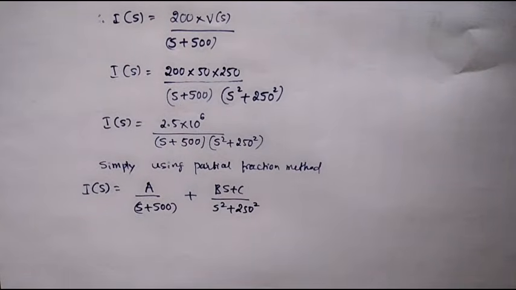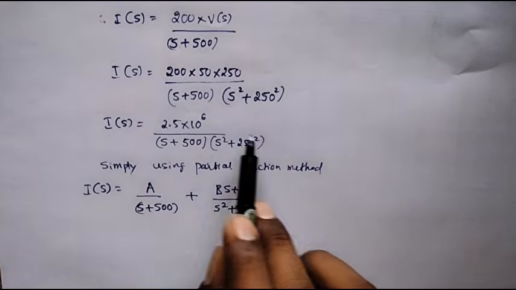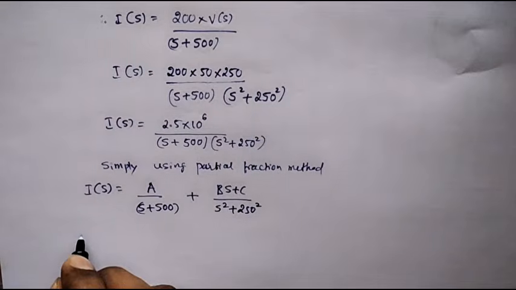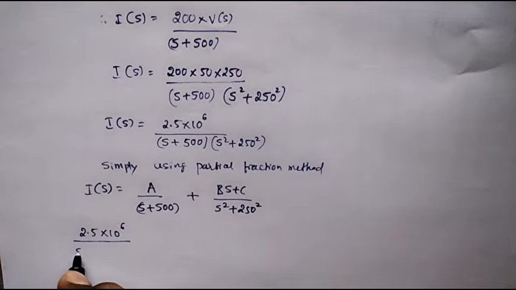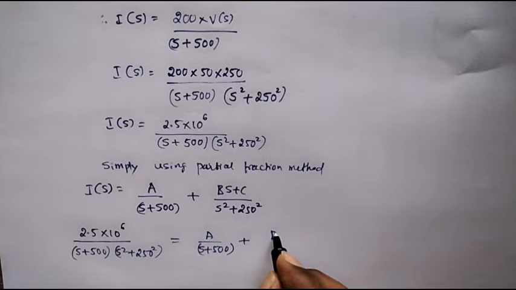Now let's calculate the constants A, B and C. On the left hand side, I(s) is nothing but this entire equation, that is 2.5 into 10 raised to 6 divided by s plus 500 times s square plus 250 square, equal to A divided by s plus 500 plus Bs plus C divided by s square plus 250 square.